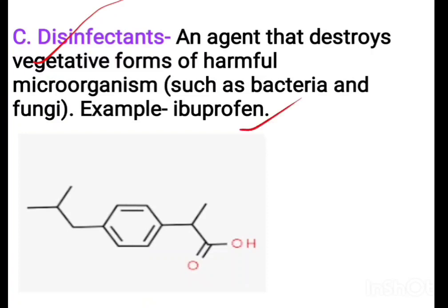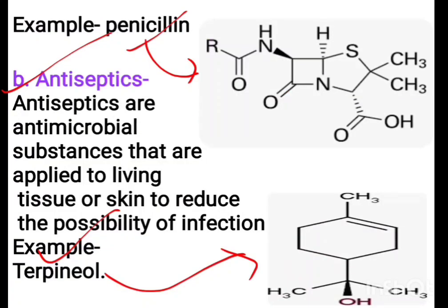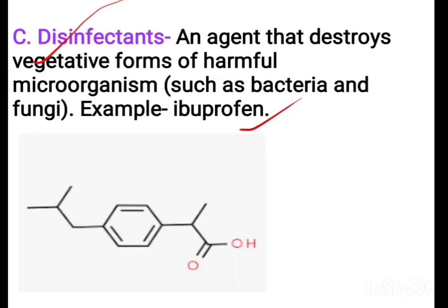There should be some difference between the antiseptics and disinfectant. Antiseptic is used for living cells, living body, skin, but disinfectant is always used on non-living materials because the destructive nature of the disinfectants is more than antiseptic, okay.